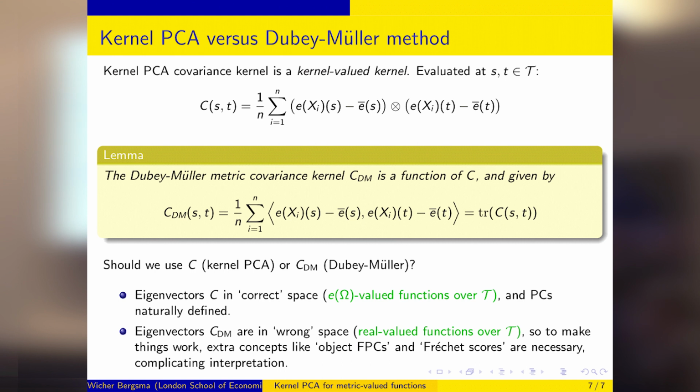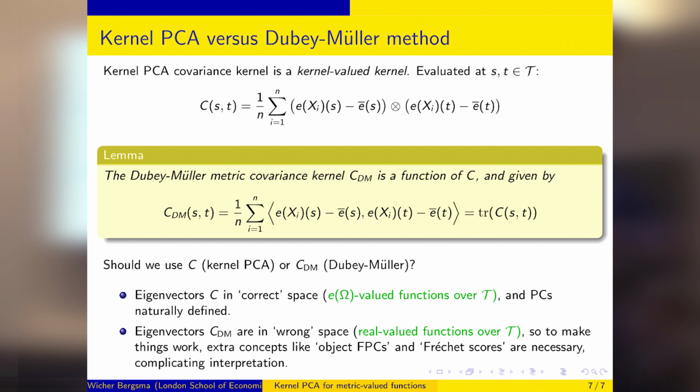The kernel PCA covariance kernel is a kernel valued kernel, and the evaluation at S, T is that object: the outer product of the centered embedded observations evaluated at S and T. The Dubé-Müller metric covariance kernel is a function of C. A similar fact was already pointed out previously: it is not the outer product but the inner product of the centered embedded observations evaluated at S and T, or the trace of C S T.